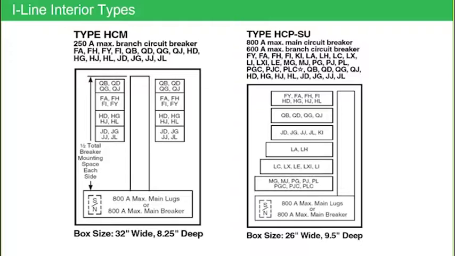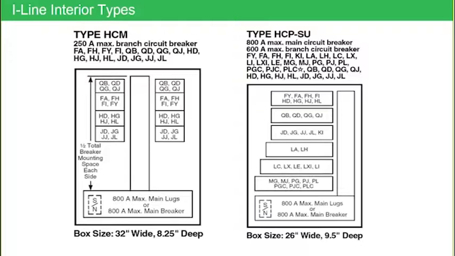But we can only mount 1/2 of the breakers on the left side in this case, and the other half of the breakers on the right-hand side. So what this note with the arrows is reminding you of is that when you look at the selection tables for the interior, you're going to see total, but be aware that you need to divide that number in half, because 1/2 of the total mounting inches is on the left, the other half is on the right.